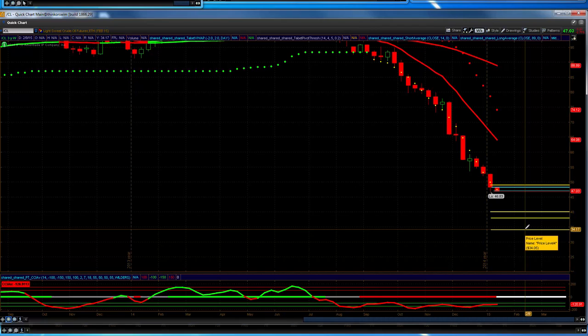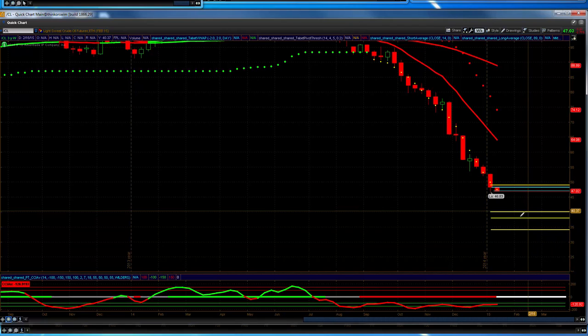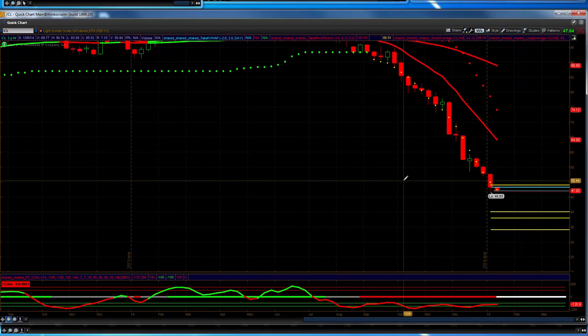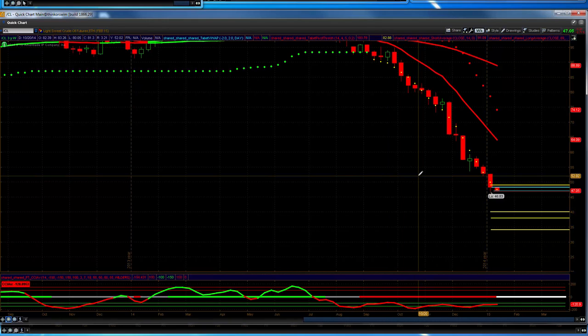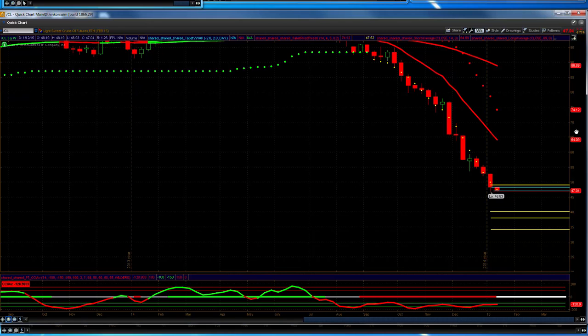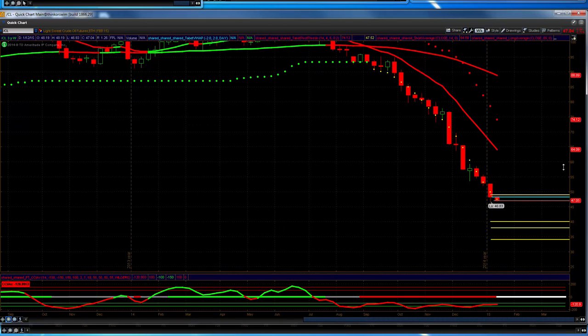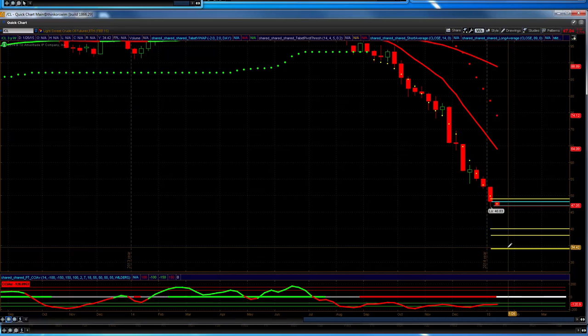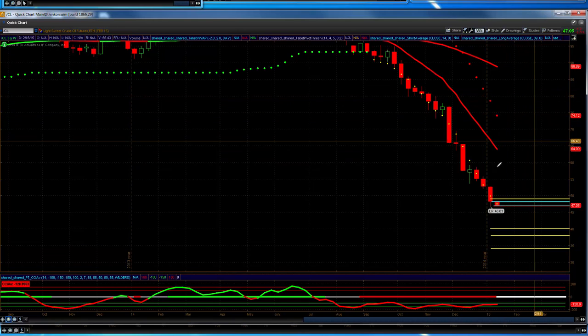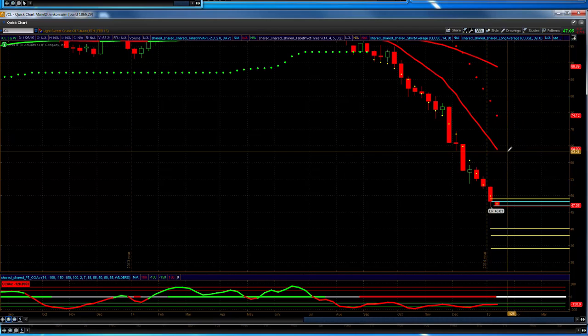The last time we saw these lows was between 2007 and 2009. This is a whole other video if you want to talk about why oil's where it's at. But to me, these are targets between this low and those gaps that have to be filled in. So I'm looking for the market to trade in that range.